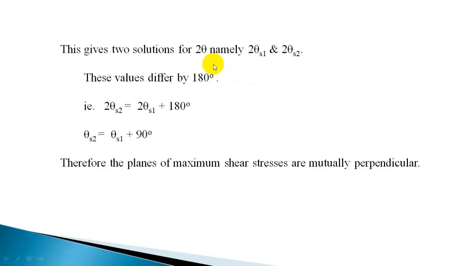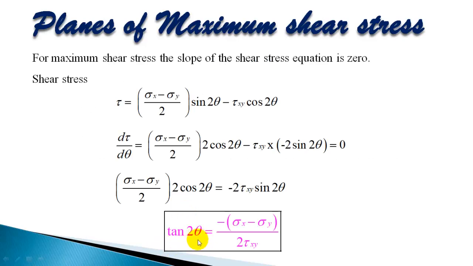You will get one more solution satisfying the same equation, that is, whatever solution directly you get plus 180 degree. If you add 180 degree to that 2 theta s1, that will also satisfy the same equation. So if 2 theta s1 satisfies this equation, 2 theta s1 plus 180 degree also satisfies that same equation.